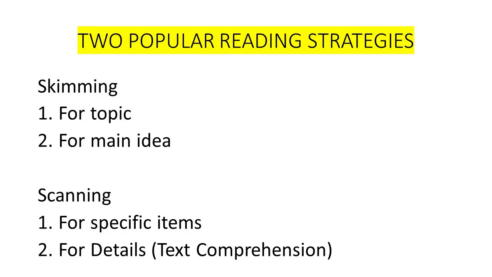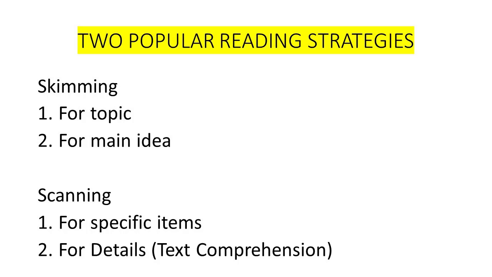You know, the meaning of skimming is that we go through the text fast. We do speed reading to find the topic and main idea. Or in other words, this is a kind of reading which needs just a little time.